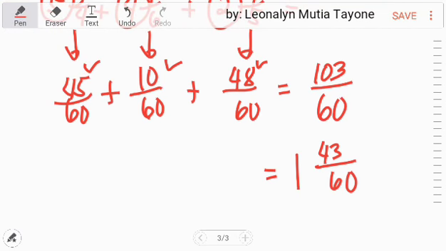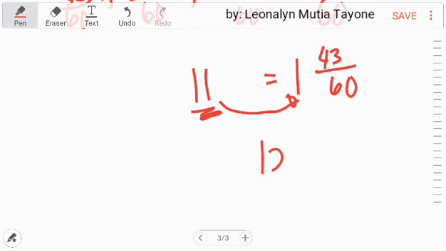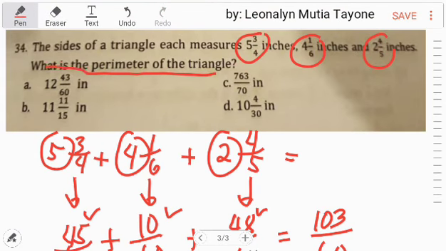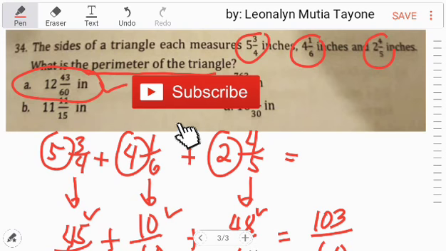I-add natin mga yan at ang total yan ay 11. So, 11 plus 1, that is 12. So, 12 and 43 over 60. Yan yung sagot dito. Letter A, 12 and 43 over 60.